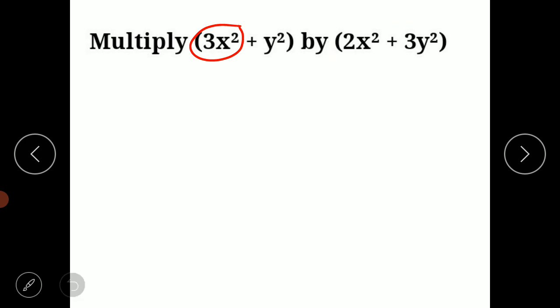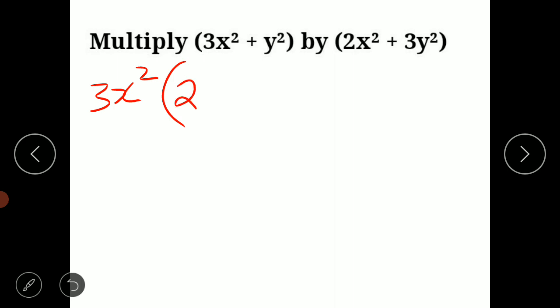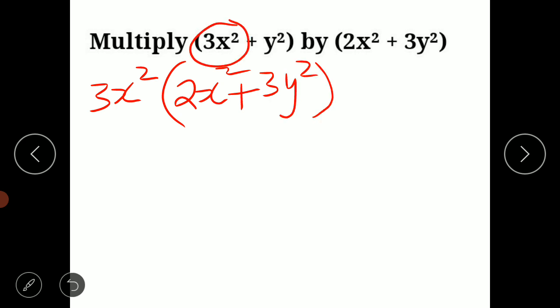So 3x square, like this. Actually I told you to do it shortly, but let's write like this until we get the steps properly. So we are taking the first term of the first expression to be multiplied by the second expression.